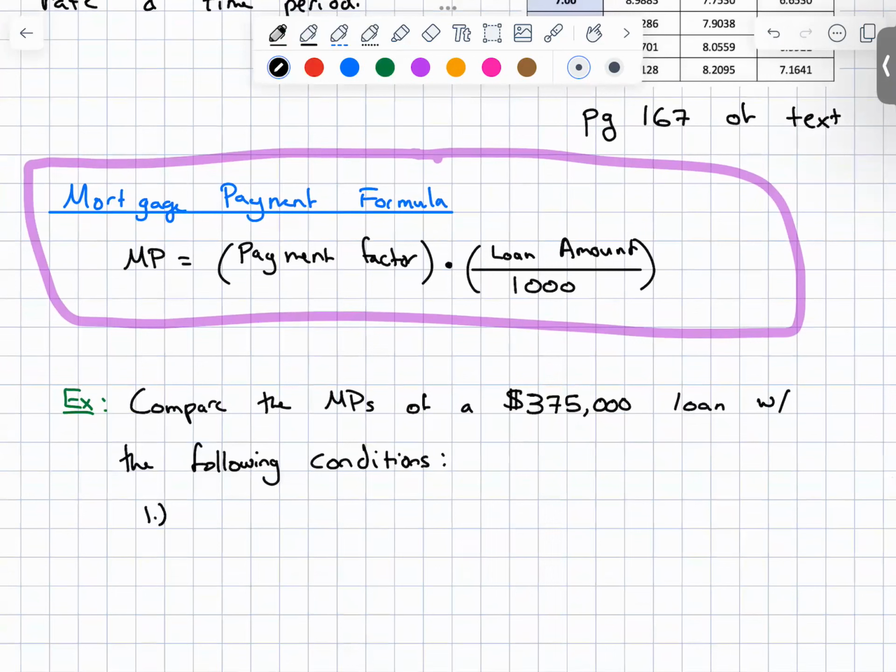Number one is an APR of 5% over 20 years. Two is an APR of 6.25% over 30 years. And three is an APR of 4.75% over 15 years.